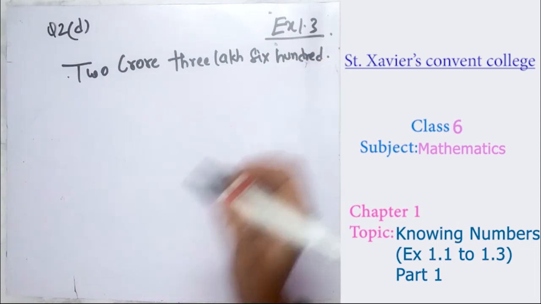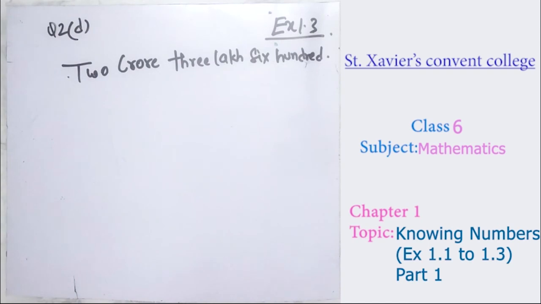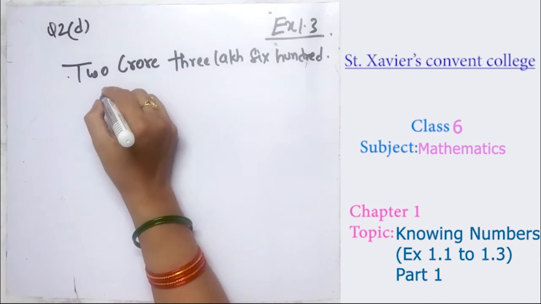You have to write this in number form. How are you going to write it? You know, 2 crore has 7 zeros.